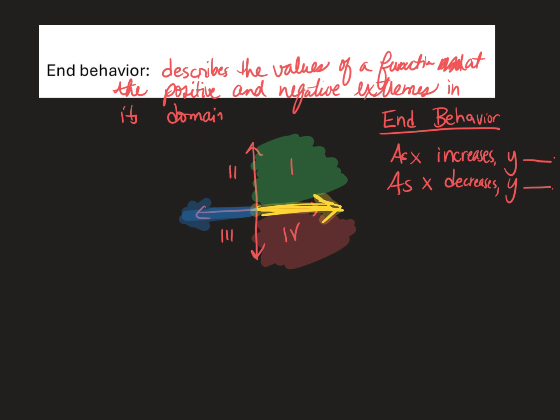As we look to the left of the origin, we are trying to figure out if the end of our graph goes upwards in the second quadrant or downwards in the third quadrant. So again, in that blank over there, we'll put either increases or decreases based on the actual end behavior of the graph.